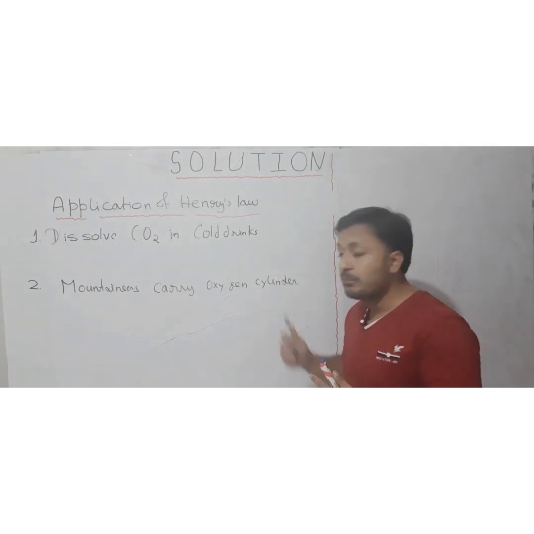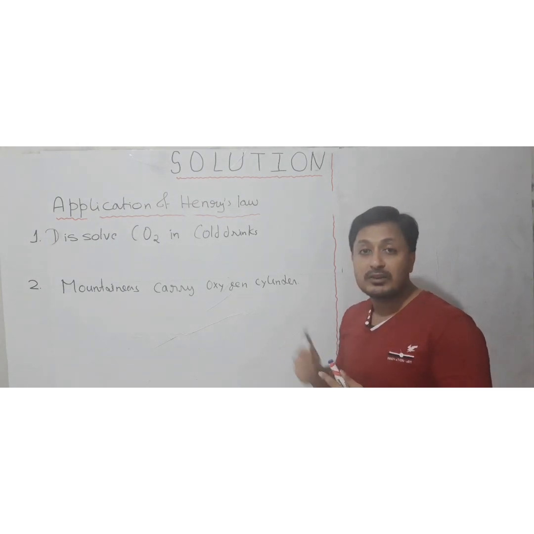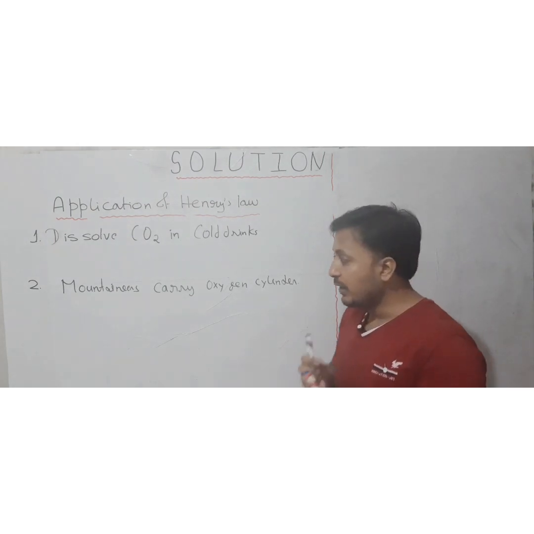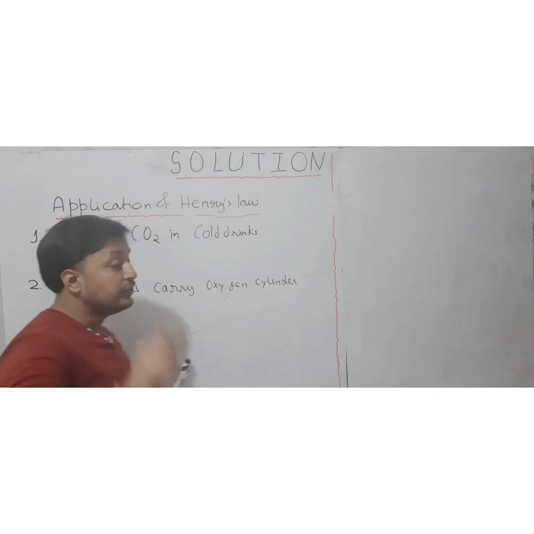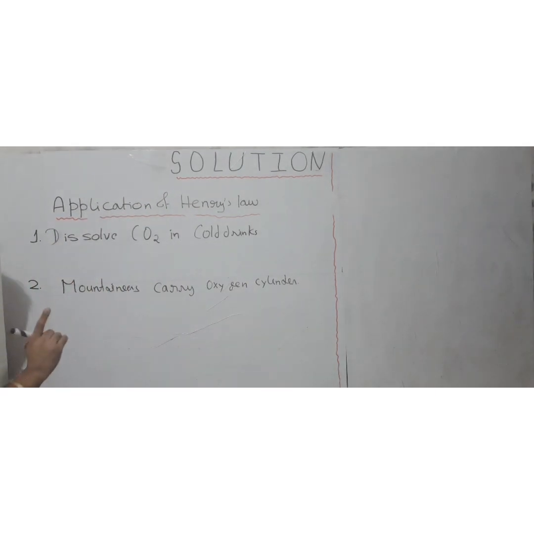That is a very, very important application, and it is related to the respiration process. Otherwise, if there is oxygen deficiency, what will it cause? The person may lose his senses and will suffer from a disease due to the deficiency of oxygen, which is known as anoxia.